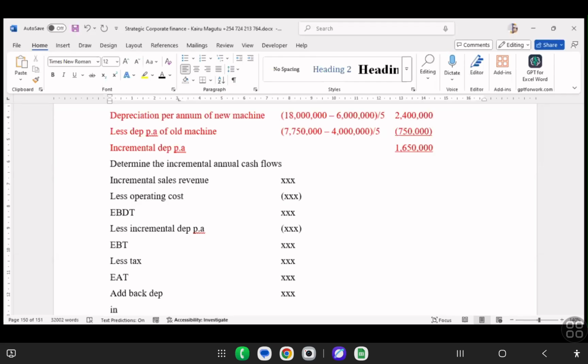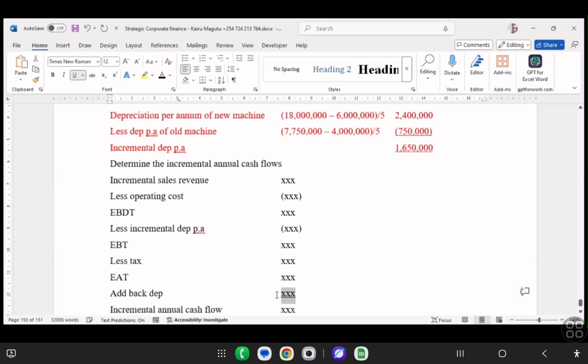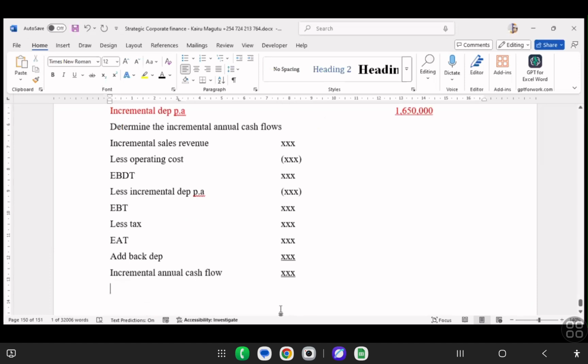This is the incremental annual cash flow. That is what we'll be determining, and that is the way to go about it. Now, I want us to give an illustration.